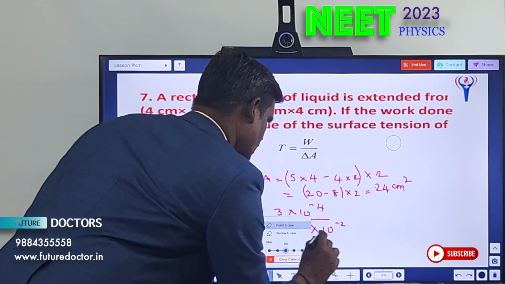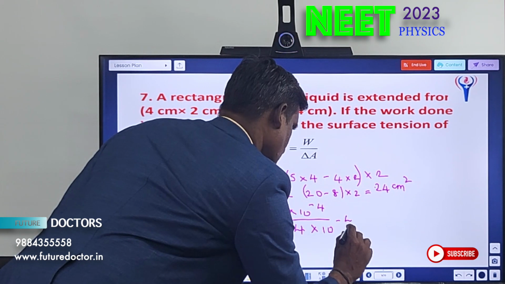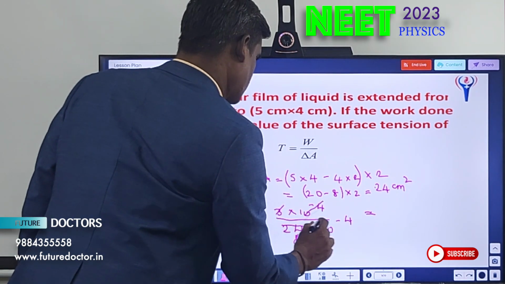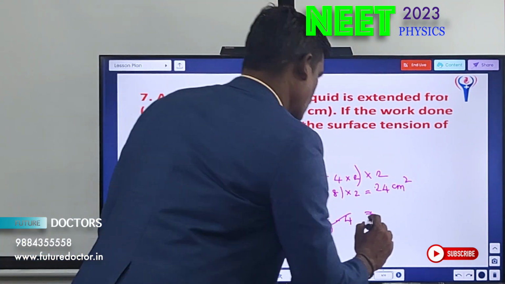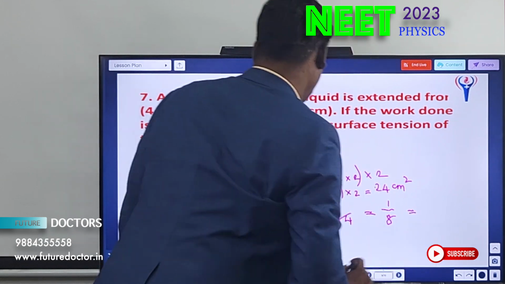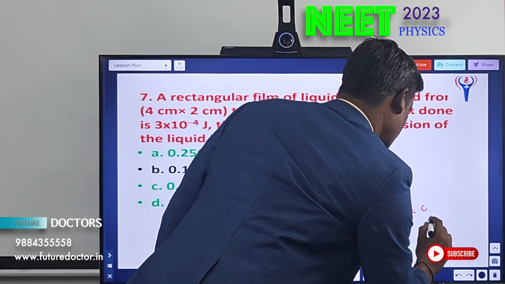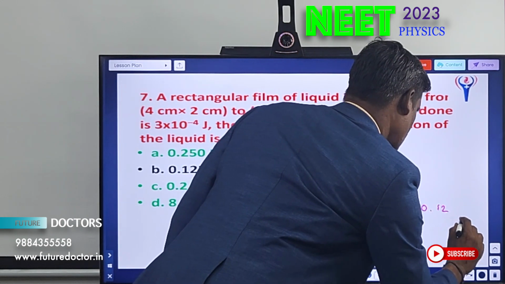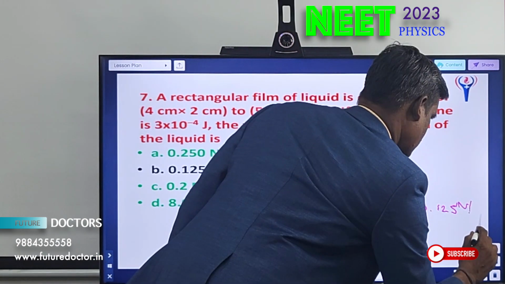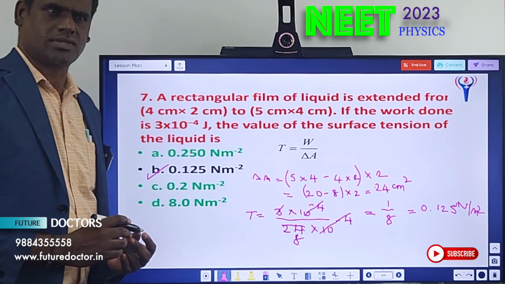Simplifying, 3 by 24 is 1 by 8, and 10 power minus 4 gets cancelled. 1 by 8 equal to 0.125. Unit is Newton per meter. That is option B. Option B is the correct answer.